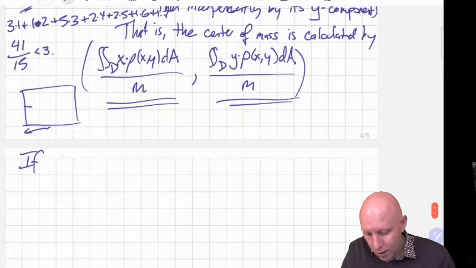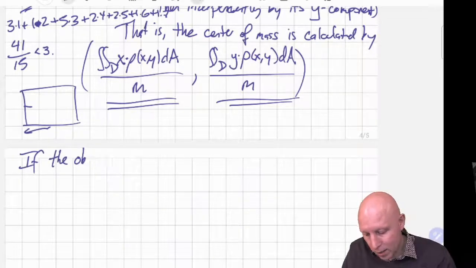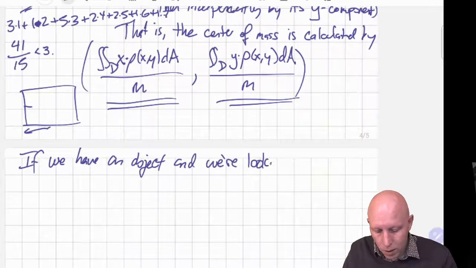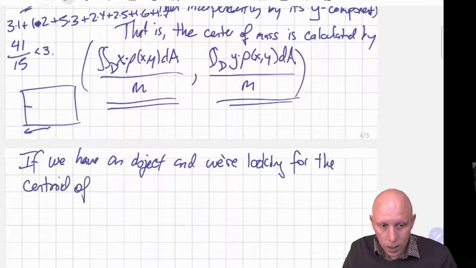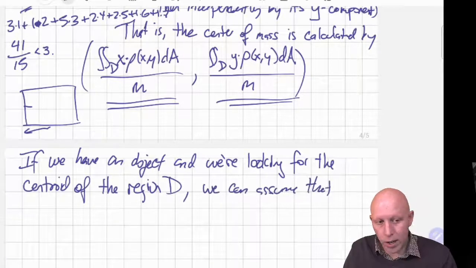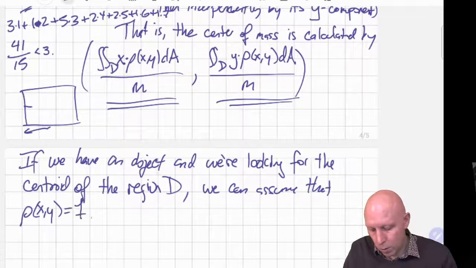And if we have some geometric object, and we're looking for the centroid of the region, we can assume that our mass density function is equal to 1.